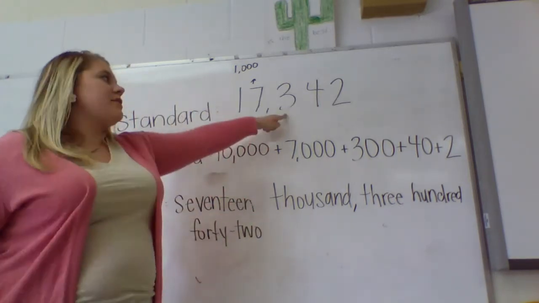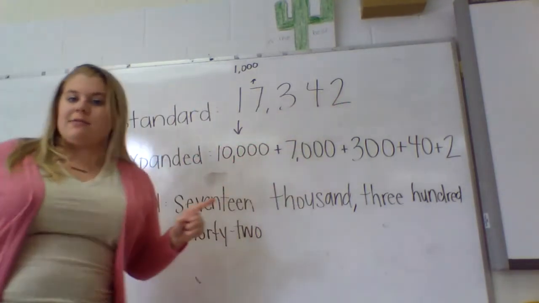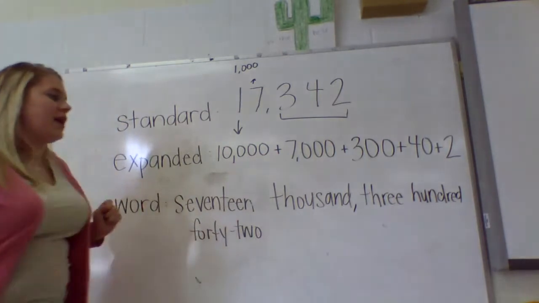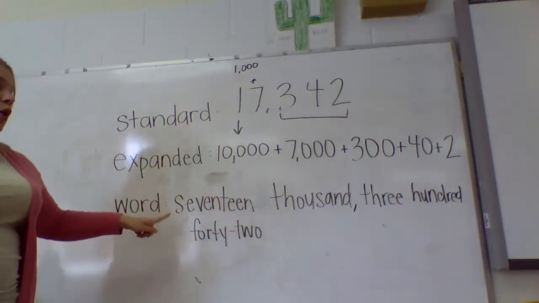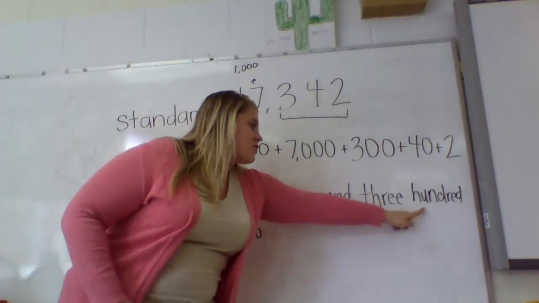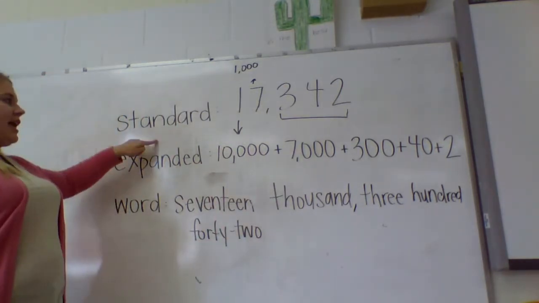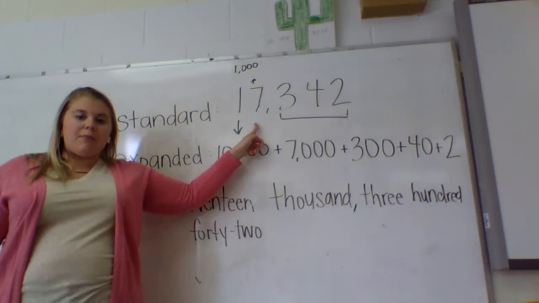Notice I didn't write 300s, 4 tens, 2 ones, because that's not how we read it. We read this whole number together as 342, so we write the whole number together as three hundred forty-two.